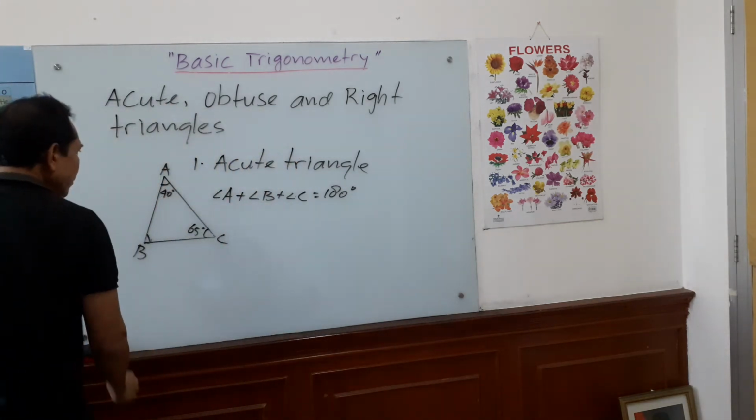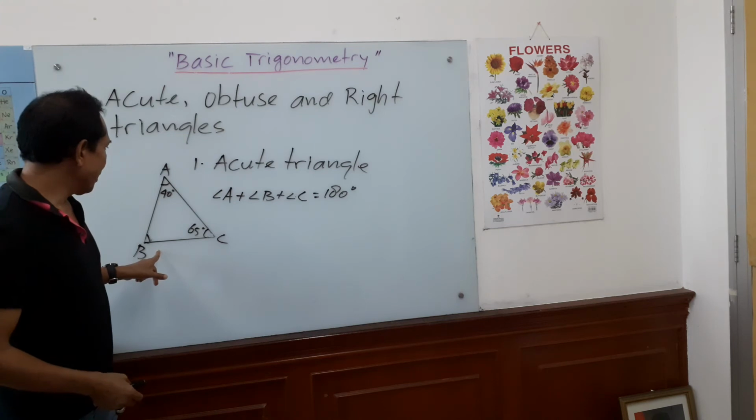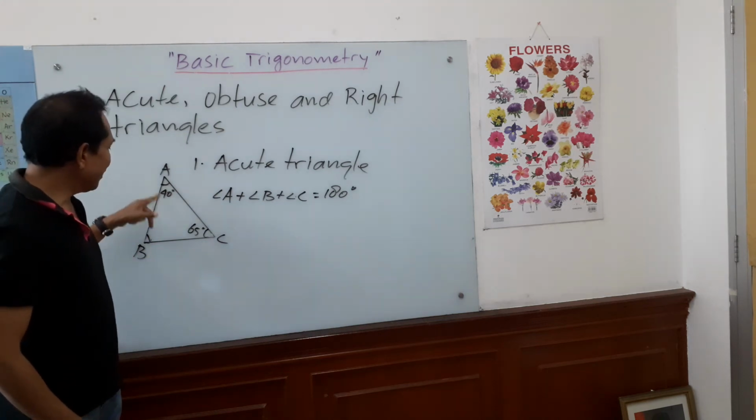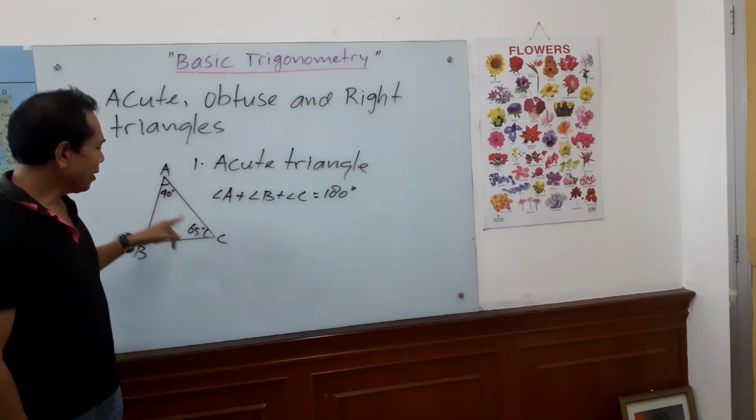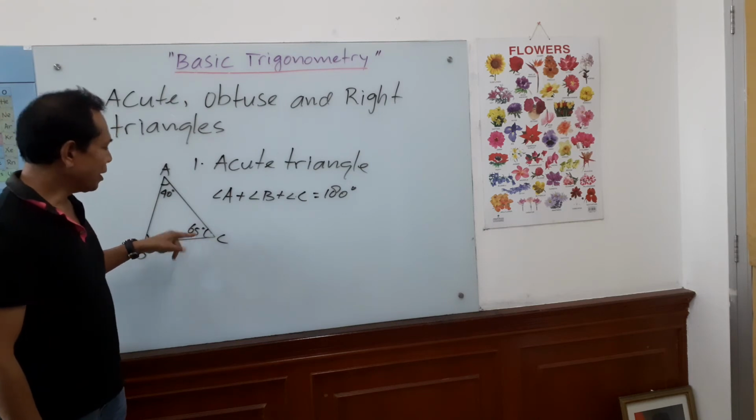Now, we want to find angle B. We know angle A is 40 degrees, angle C is 65 degrees.